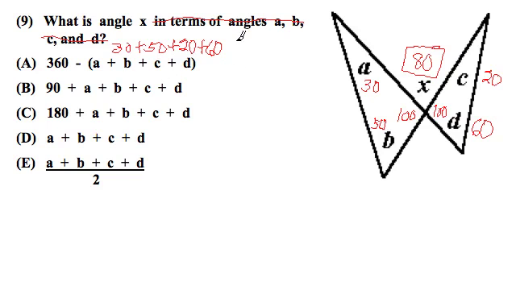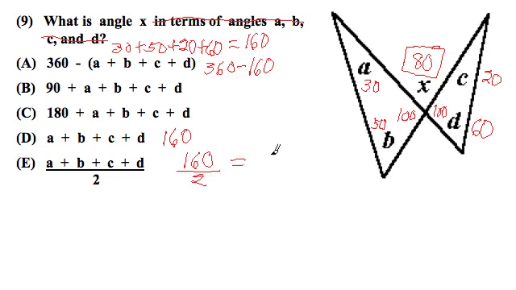Those four add up to 160. So A is 360 minus 160, 200, that doesn't work. And if we add these up, both B and C are going to be too high. And D is also going to be 160. And E is going to be 160 over 2, which is what we're looking for.